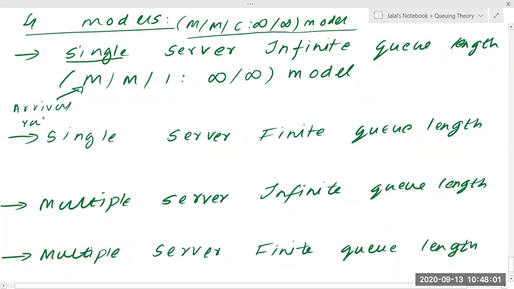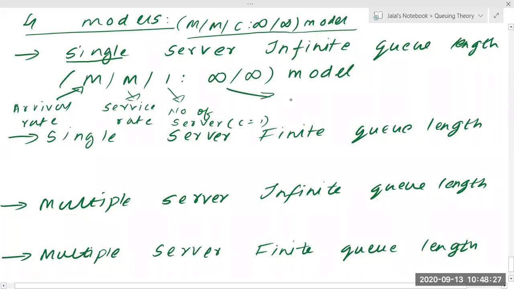This M indicates Poisson. The arrival rate follows Poisson's distribution, and this is the service rate, which is exponential distribution. So this is called service rate. One indicates the number of servers. Here the number of servers C is equal to 1.